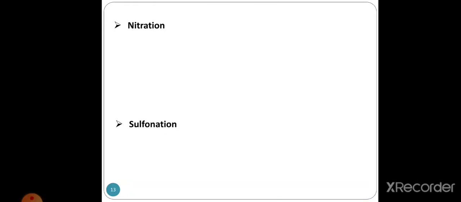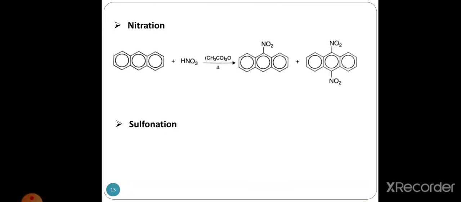Next, nitration reaction. Anthracene undergoes nitration with concentrated nitric acid in acetic anhydride at room temperature to yield a mixture of 9-nitroanthracene and 9,10 dinitroanthracene.